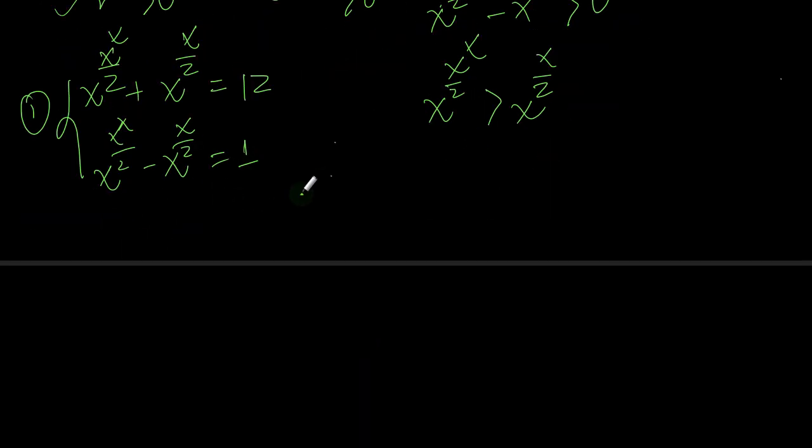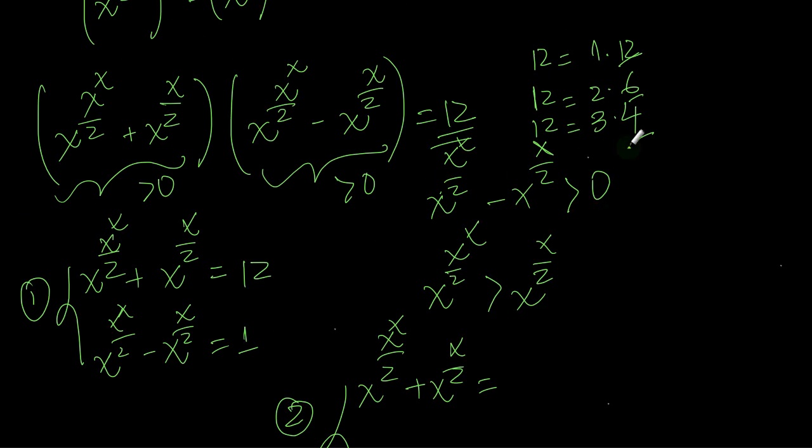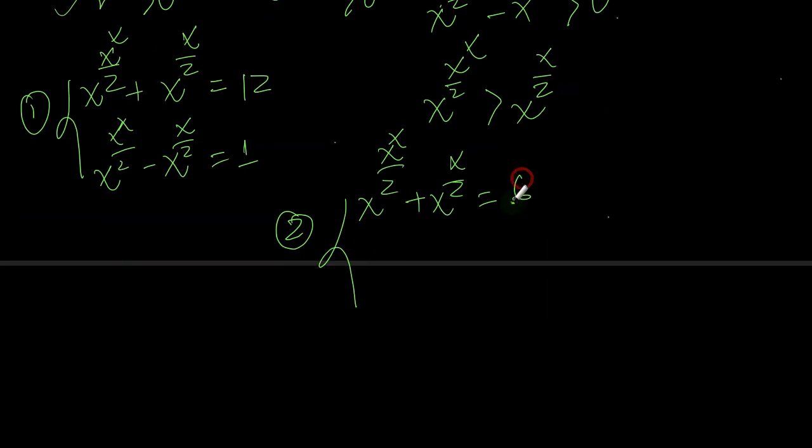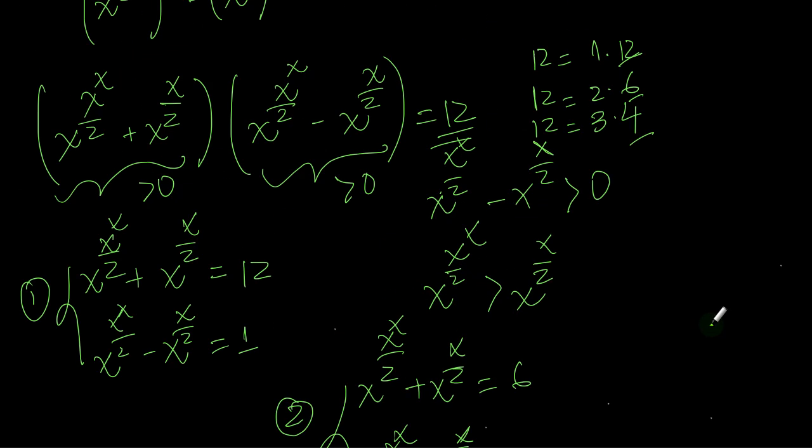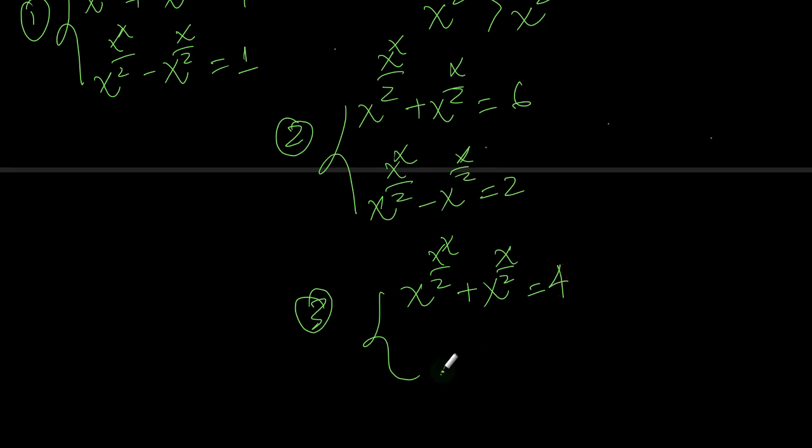Our second equation is when x to the x over 2 plus x to the x over 2 is equal to 6, and x to the x over 2 minus x to the x over 2 is equal to 2. Our third equation is when the sum is equal to 4 and the difference is equal to 3.